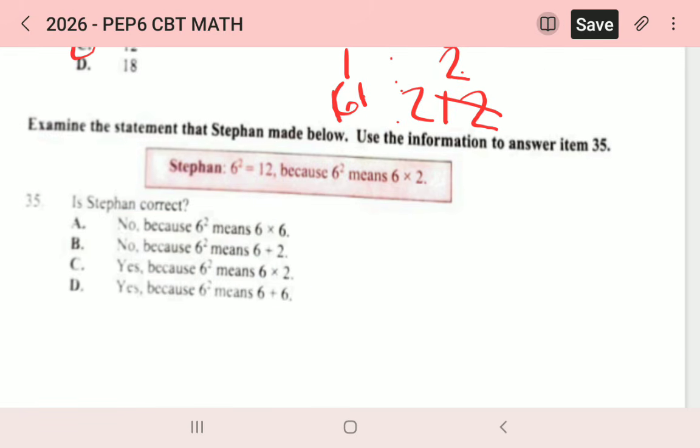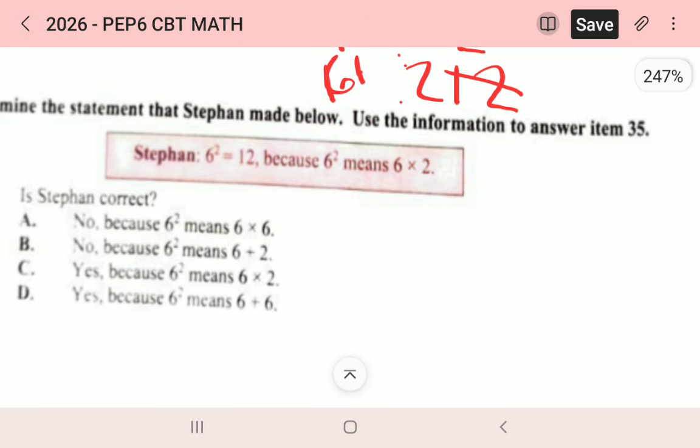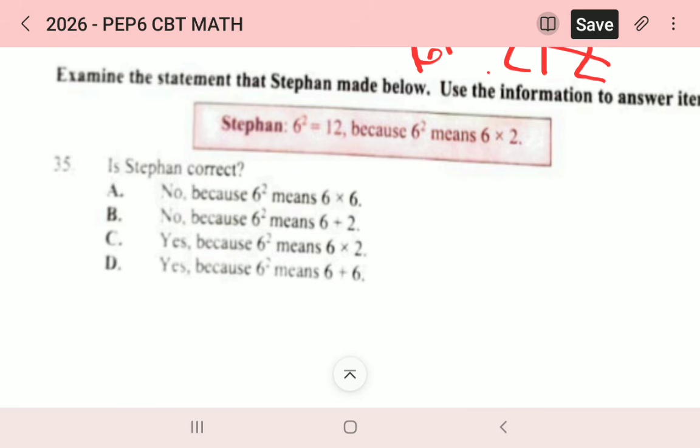Examine the statement that Stephen made below. Use the information to answer item 35. Stephen says 6 squared equals 12, because 6 squared means 6 times 2. Is Stephen correct?